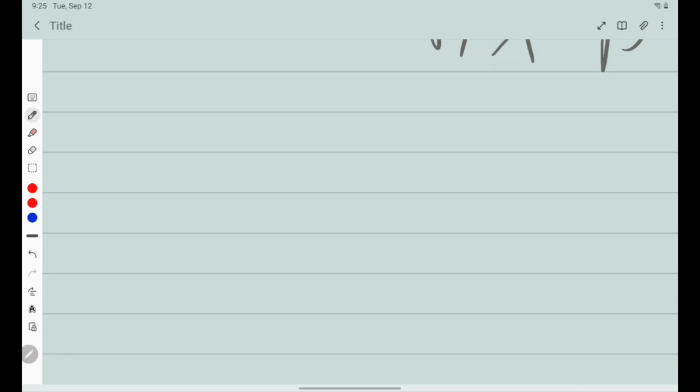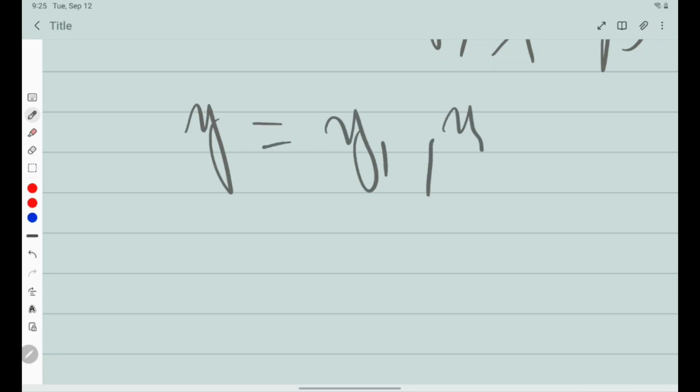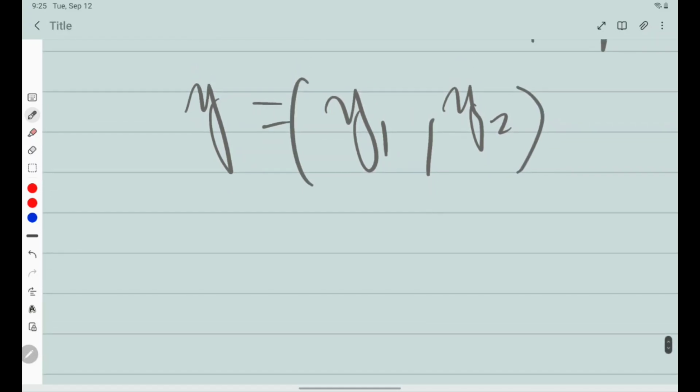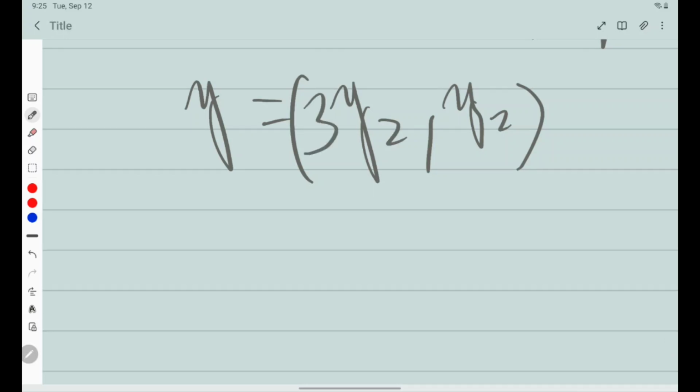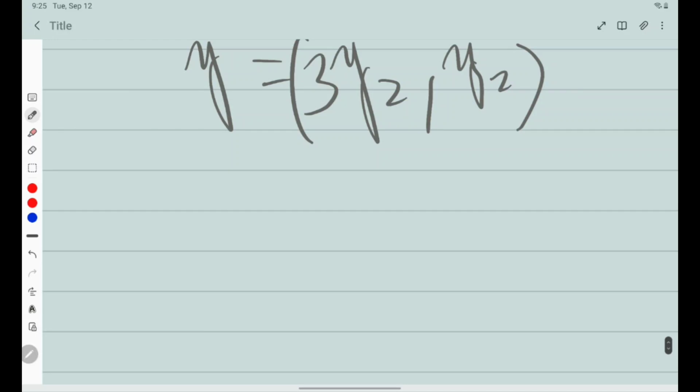So take some arbitrary vector y, y1, y2. If we scale it by s, we'll write the first term in terms of the second term. So 3. If we scale by some s, it also should be in our subspace.